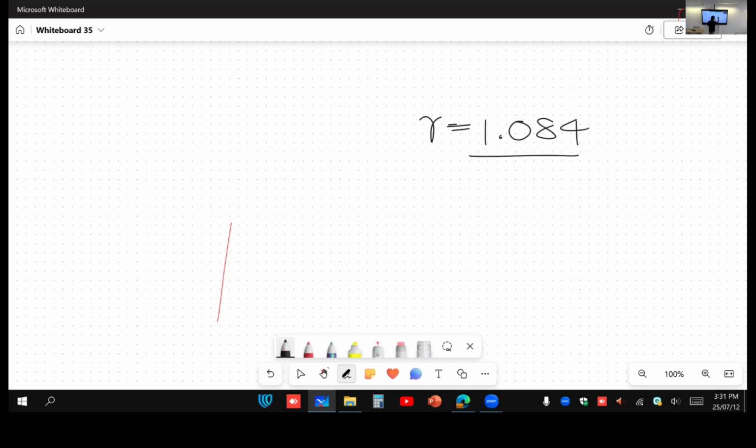Same equation, real rate of interest, I can write 1.084 divided by 1.035, minus 1, right? You'll be getting 4.7% here.